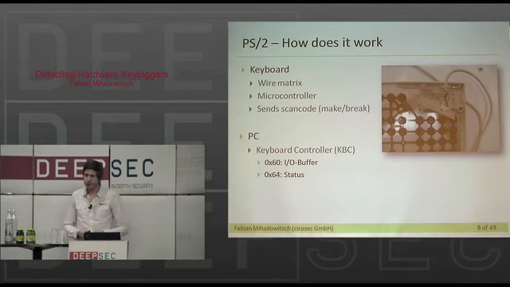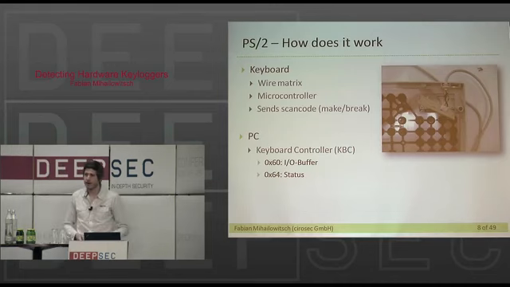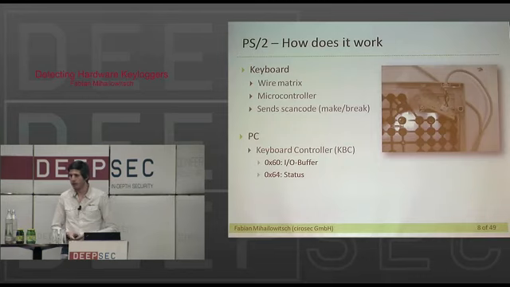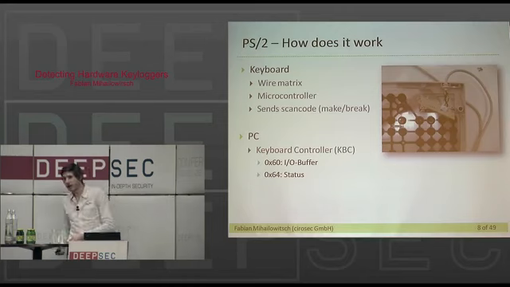For PS2, you basically have a keyboard, which is a wire matrix, and once you press a key, the circuit is closed. The microcontroller inside the keyboard registers the key press and sends the specific scan code to the computer. Once you press the key, it sends a make code. Once you release the key, it sends a break code, which is the same as the make code, but just the first bit is switched.